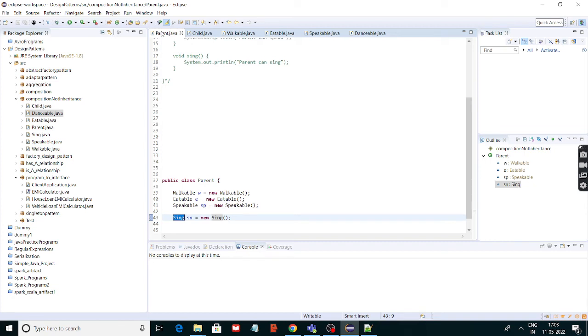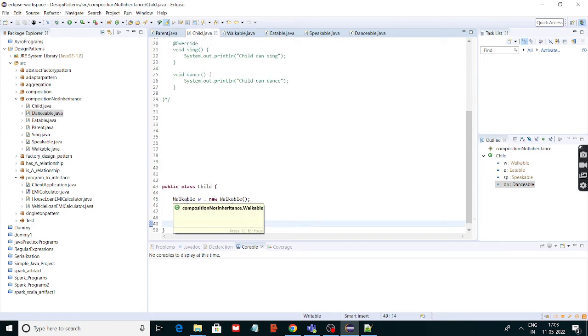Parent is composed of walking, eating, speaking, and uniquely composed of singing. Child is also composed of walking, eating, speaking, and independently composed of dancing. There is no relationship between the parent and the child here, because the child is not inheriting the parent's properties; it independently acquires certain properties of its own interest. This is the composition mainly.